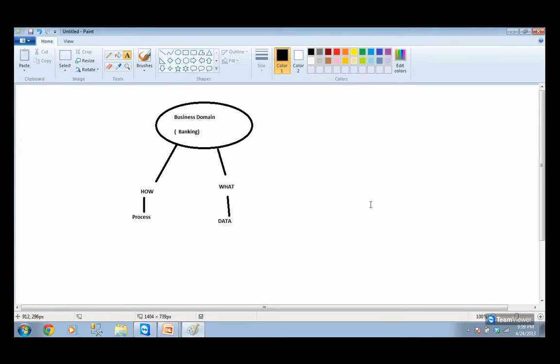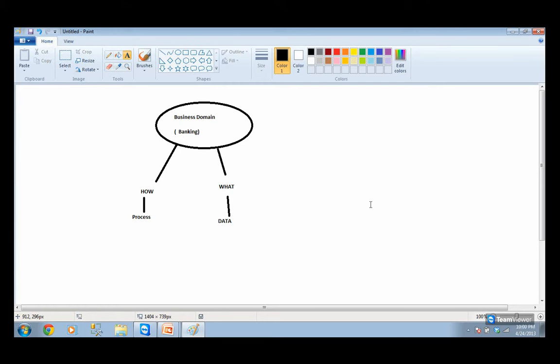So one set of people will tell you the process when you ask how. The other set of people, when you ask what, would tell you the data. We need your name, your address, your PAN card number, your address proof, everything to open an account. That means the banker is telling the data. But when you say, sir, how do I close an account, then he will tell you this is the process you have to follow to close an account.